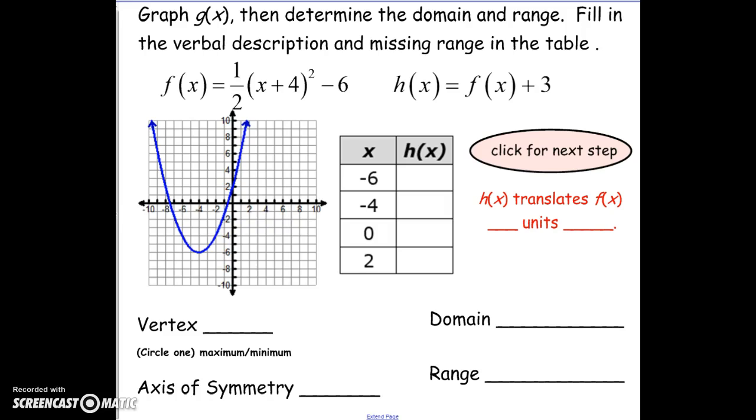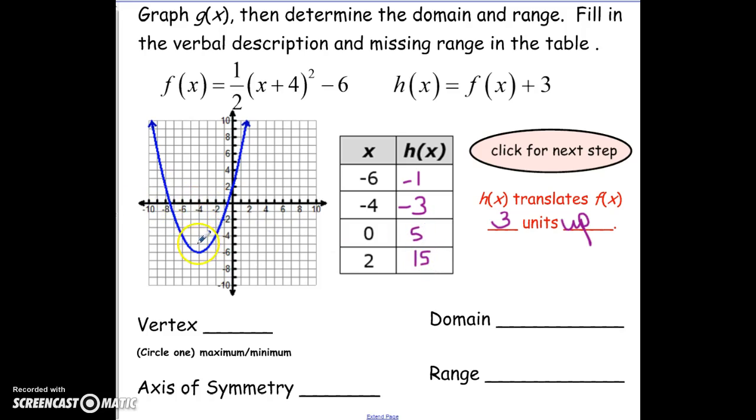So if I take this function and add 3 to it, all I'm doing is shifting my entire parabola 3 units up. So these values can be filled in.